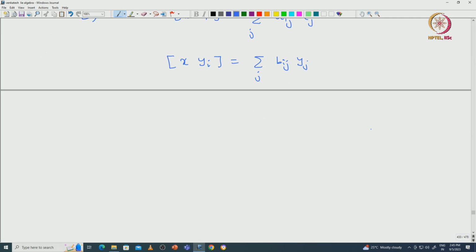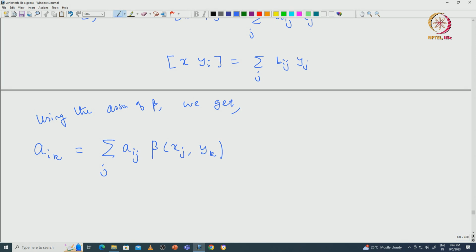So, let us use the associativity of beta. We get the following. We compute, let us say, a_ik, which is given to be the summation over j from 1 to m of a_ij beta of x_j comma y_k. This is just the definition of the dual basis.